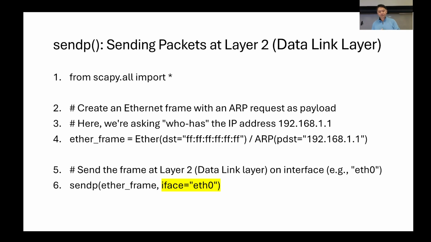That means you have to specify the interface name here, eth0. So import the library and then make the frame like that, with the destination address and ARP protocol this way.